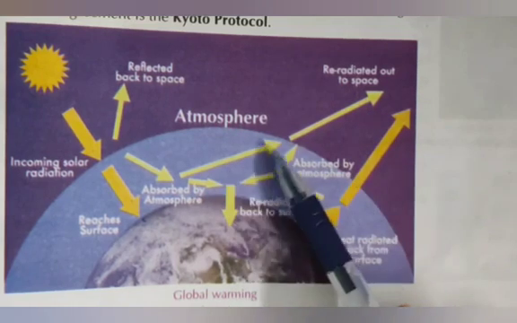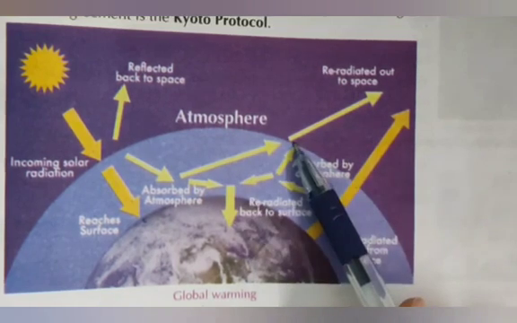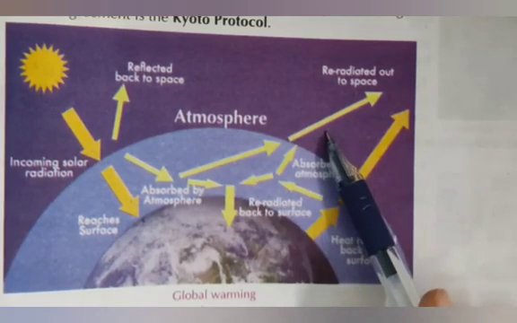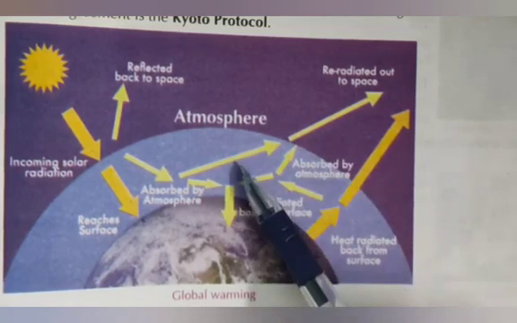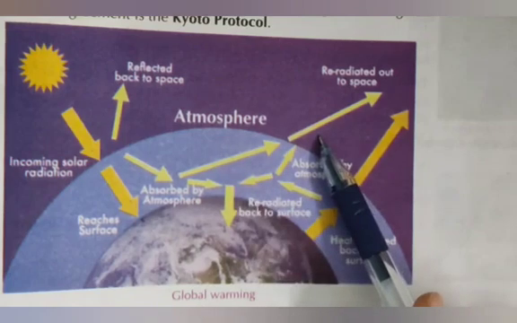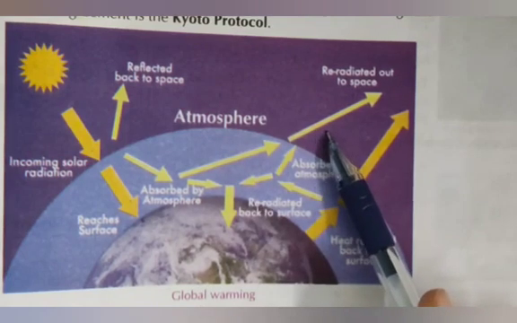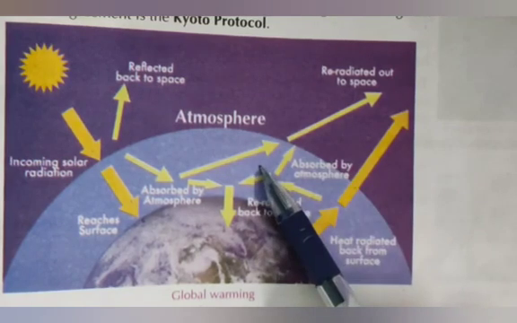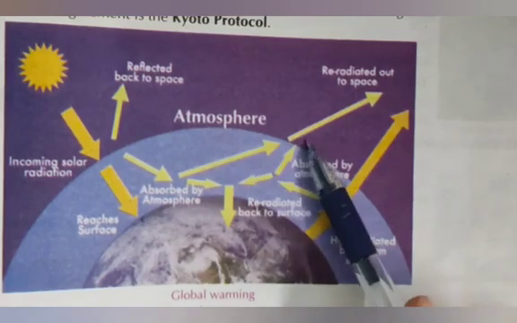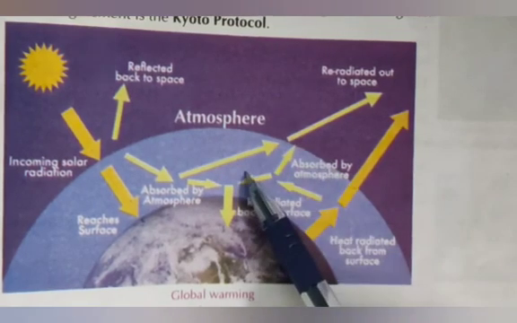And these reflected rays are trapped by some gases like carbon dioxide and methane. Why are these rays reflected? Because of carbon dioxide and methane gas which is present in the atmosphere.